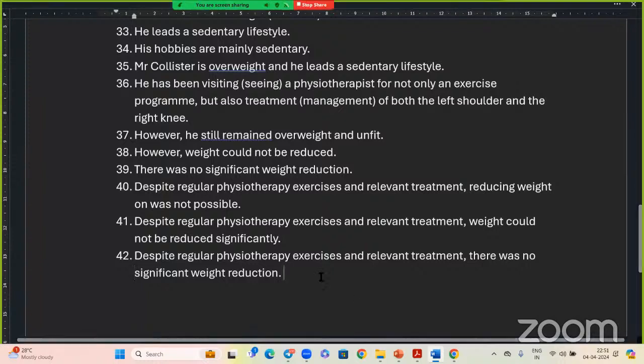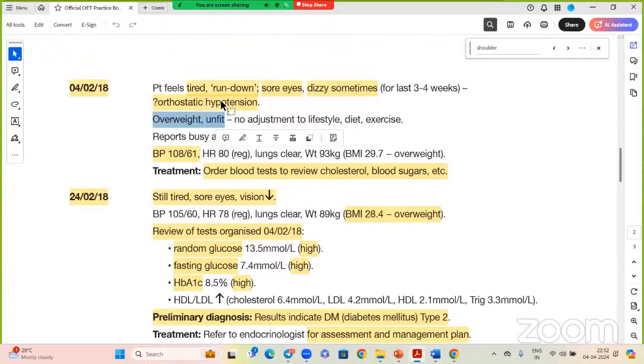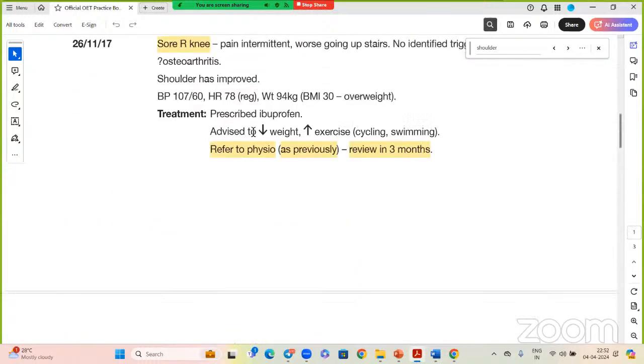Additionally, along with this, what else is there you see here? He is not ready to change a lifestyle adjustment. Fitness, still he is unfit.